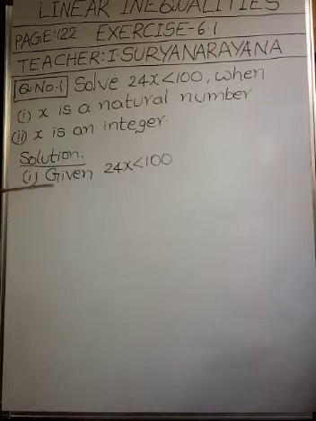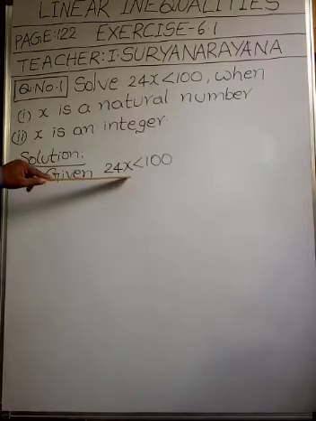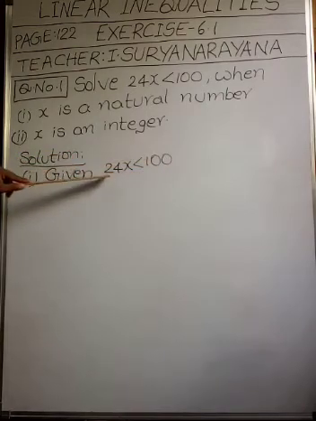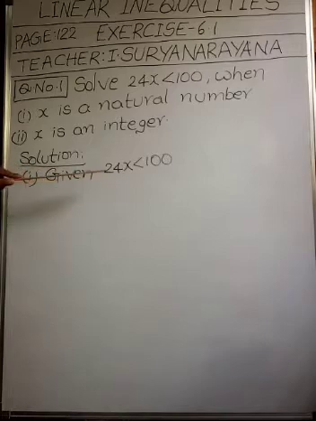Okay, my children? Right. Now here 24x is there in the LHS. In the RHS, 100 is there. Now we have to find only the x value. So here 24, so we divide this inequality on both sides by 24.